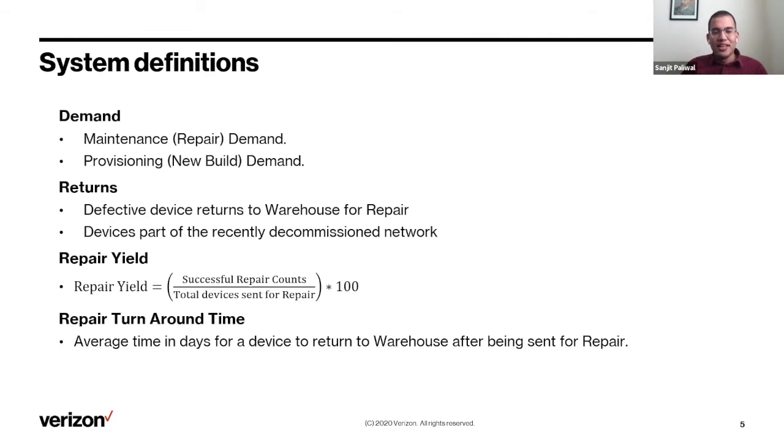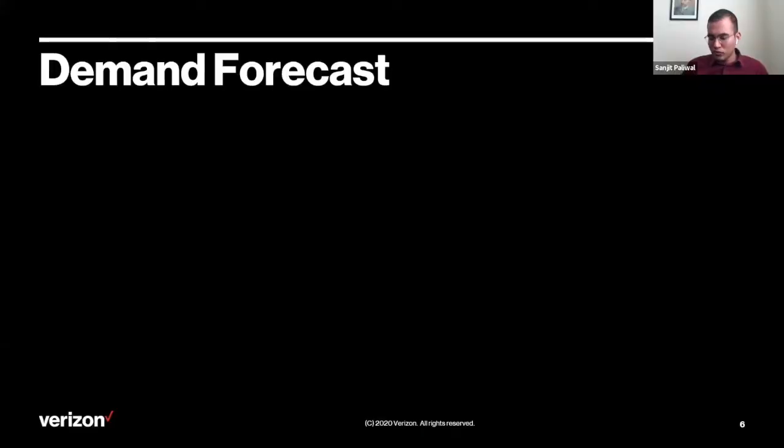The 30 days would be the turnaround time for that device for that repair cycle. Going forward, we would average out those times for that device for a complete year.